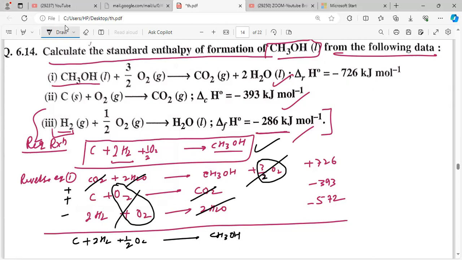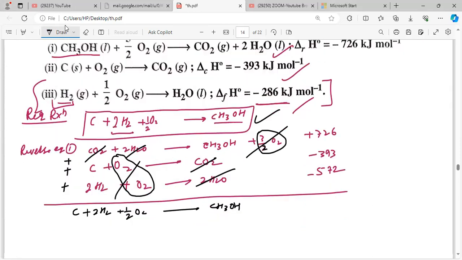You added all these equations, so now you can add all the values. So delta H of formation of CH3OH is 726 plus in bracket 393 plus in bracket 572. Plus into minus, you know very well, the minus will come: 393 minus 572.